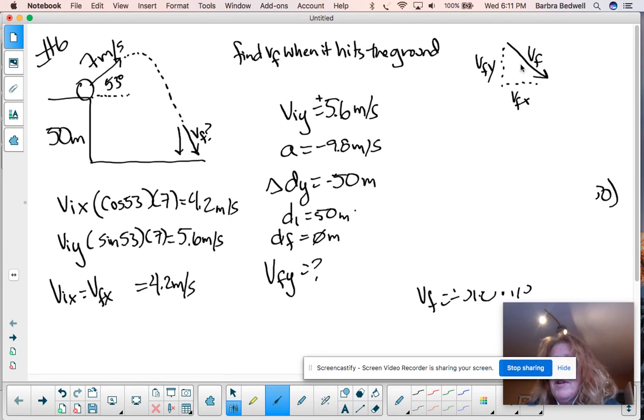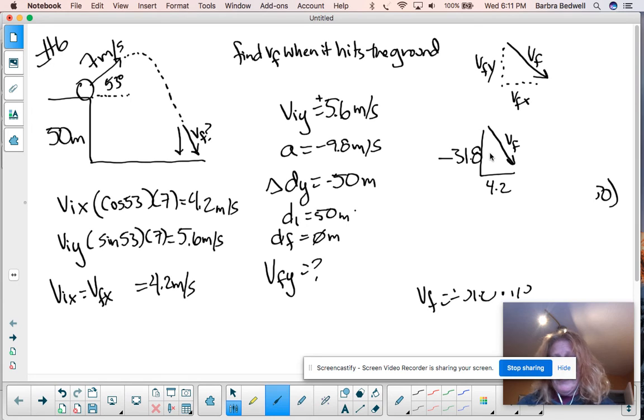So now if I look back at my little triangle here, I know a couple of things about this. I know that VFY is negative 31.8, or basically negative 32. I know VFX is 4.2, and then I'm trying to find VF. So this is a Pythagorean theorem problem.